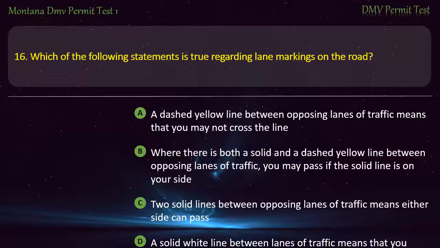A solid white line between lanes of traffic means that you should stay in your lane, unless a special situation requires you to change lanes. Answer. A solid white line between lanes of traffic means that you should stay in your lane, unless a special situation requires you to change lanes.